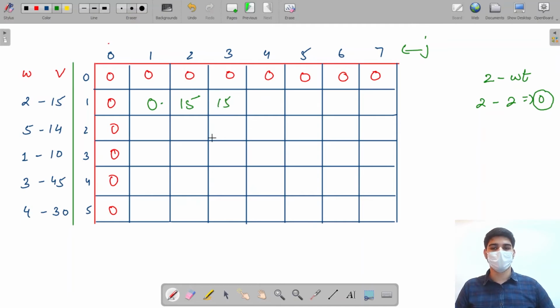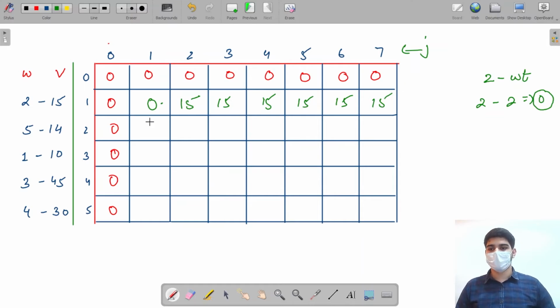Again, if I include myself, I would get 0 plus 15, which is 15, and if I exclude myself, I would get 0. Throughout this row, as I cannot include anything other than me, because I am the very first item, everything would be 15.